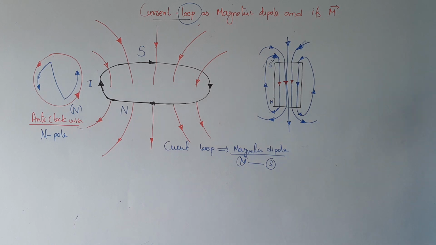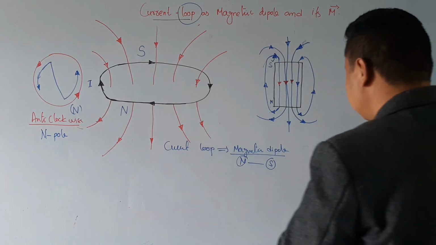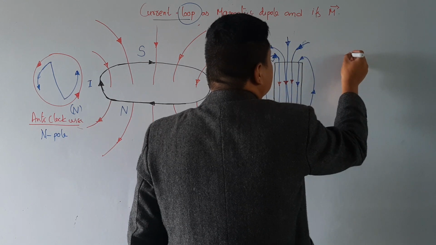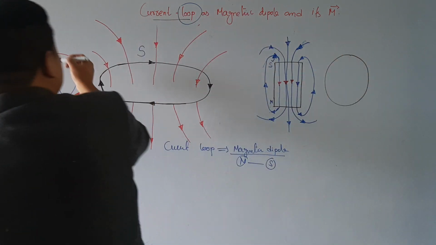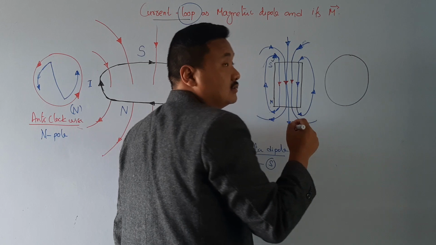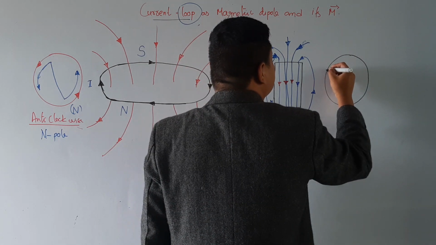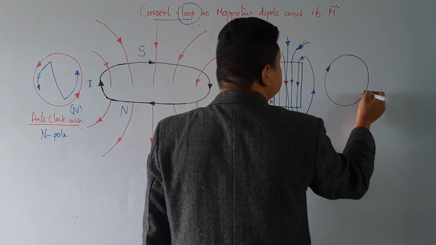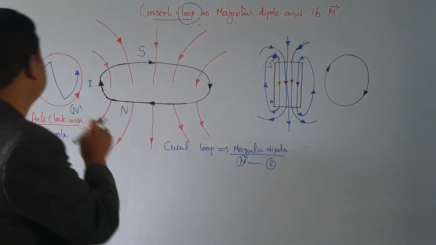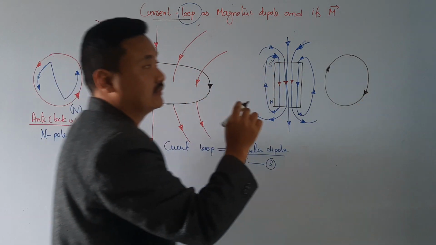Now in the next diagram, let me consider another diagram here. Now it was going in this direction, and now I will take this in this direction.